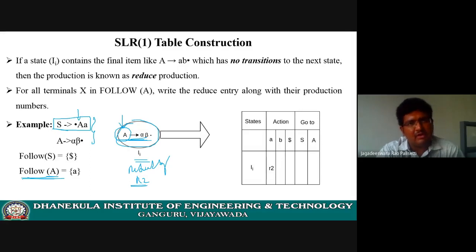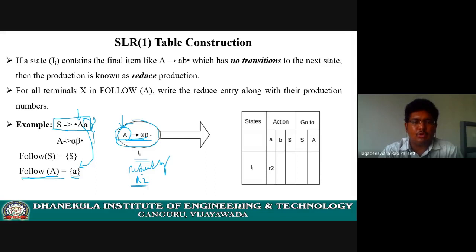So what is meant by the follow function? Whatever terminals are followed by capital A, those are written here as a set. This example is simple. I will show you some more examples, no problem. So follow of capital A will give a terminal. What is the terminal that is given? Small a only. Am I clear?